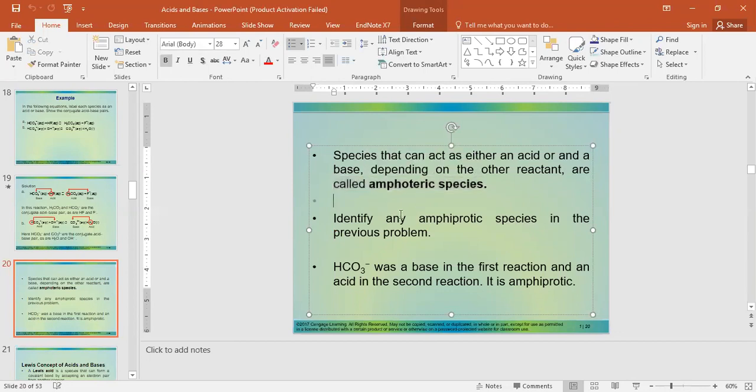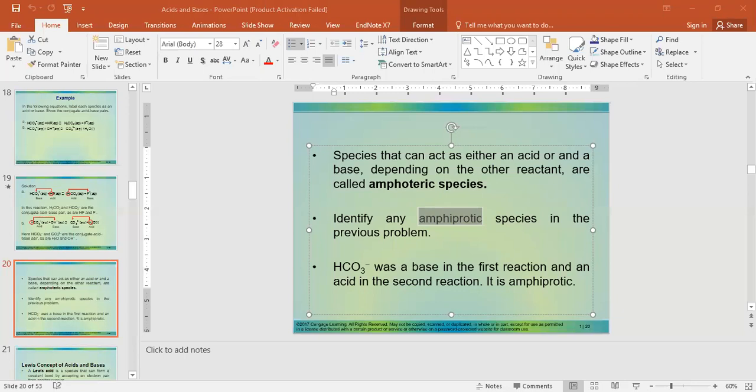And I am going to introduce another terminology here called amphiprotic. And I want to distinguish between the two. Amphiprotic actually refers to the ability to donate or accept protons. But amphoteric refers to the ability to act as an acid or a base.